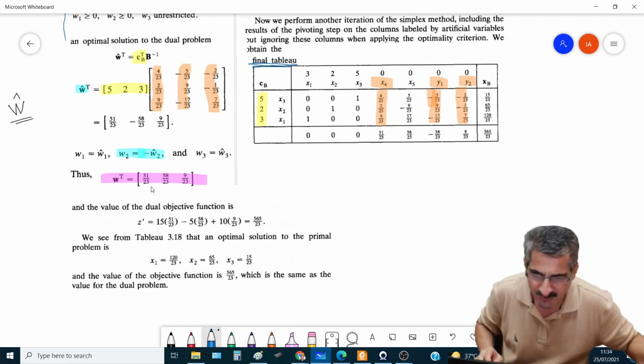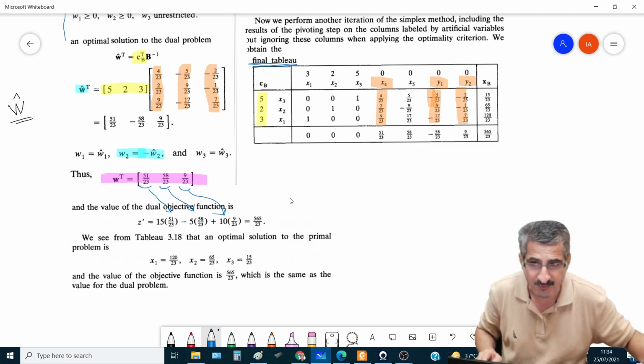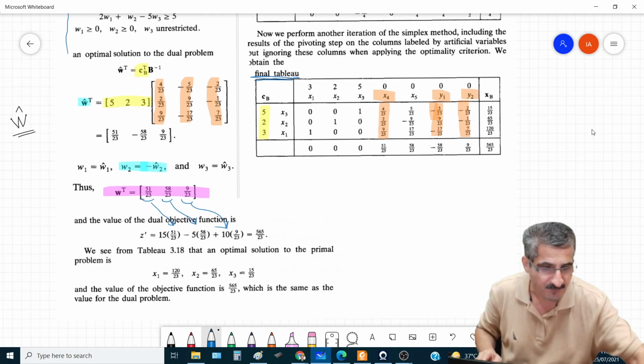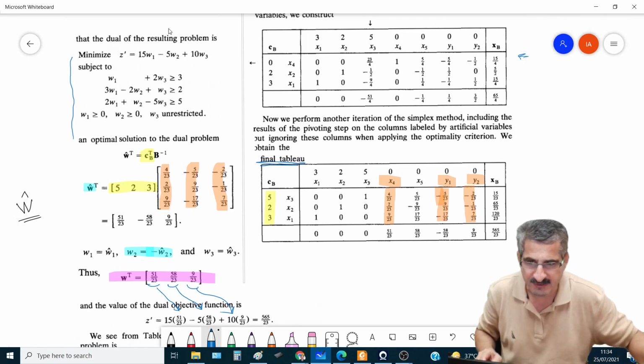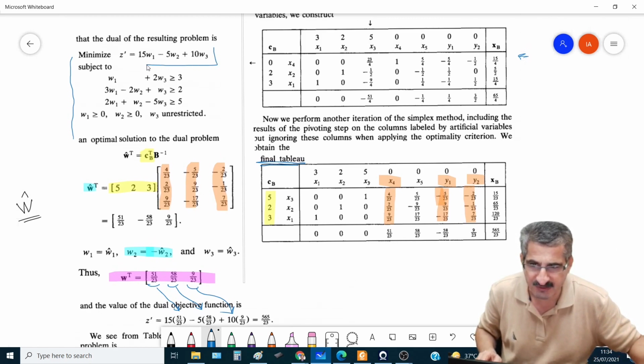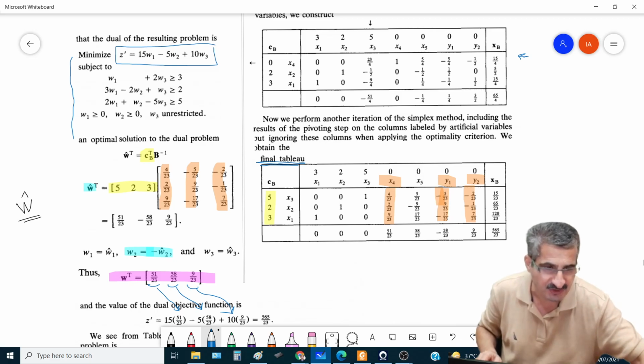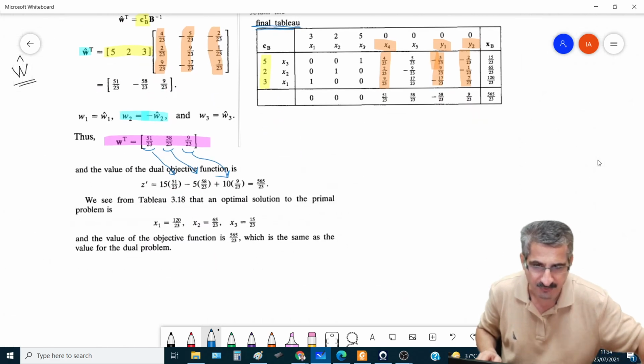Now, is that true? This is W1, W2, W3. Substitute them in the objective value of the original dual problem. Where is the objective value of the dual problem? It is here: 15W1 minus 5W2 plus 10W3. And here we go, we get this number.